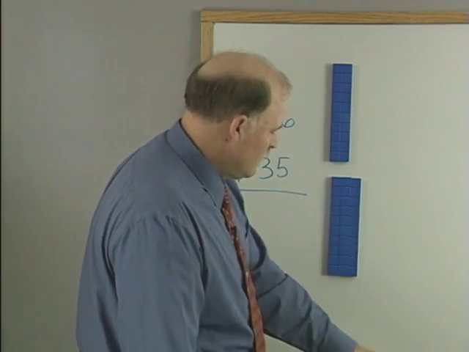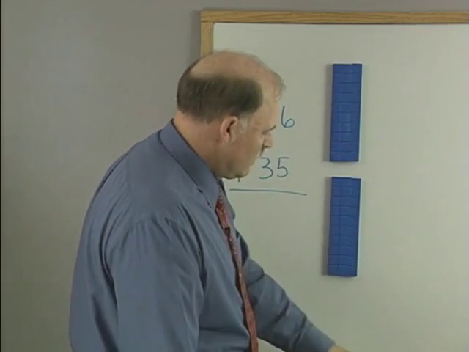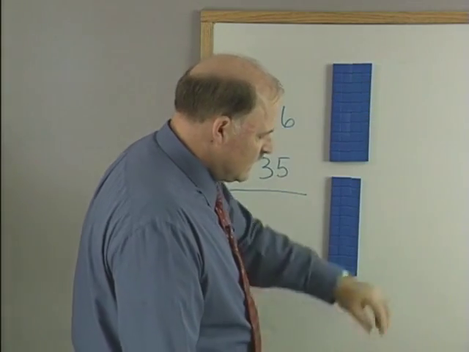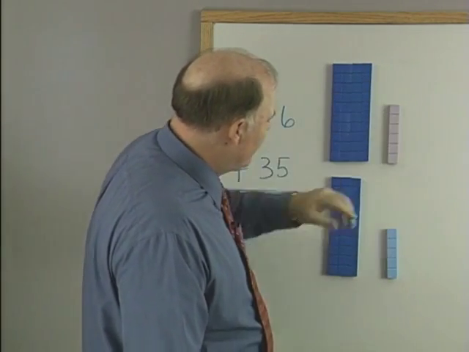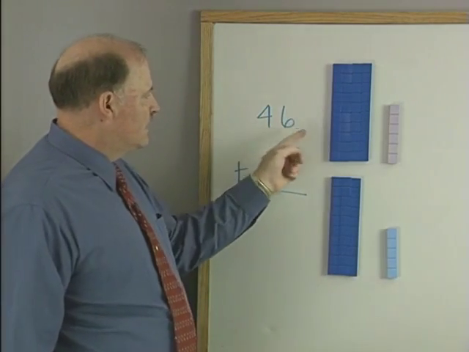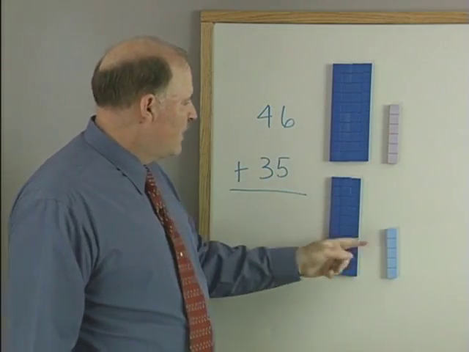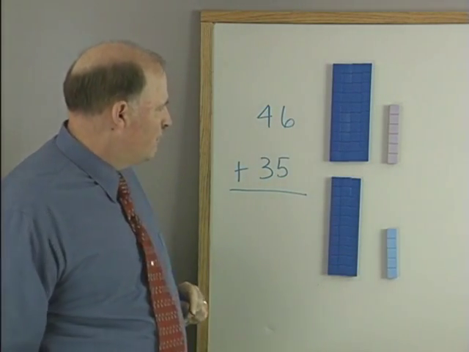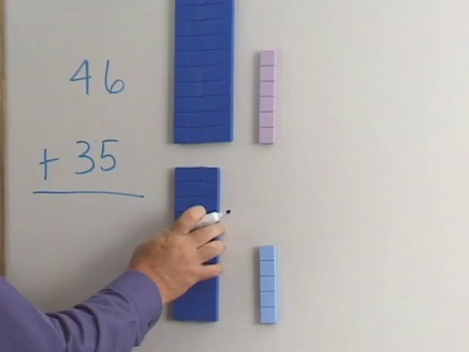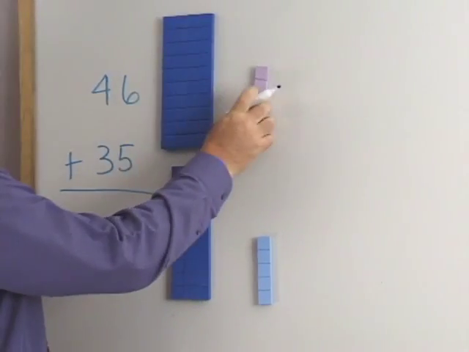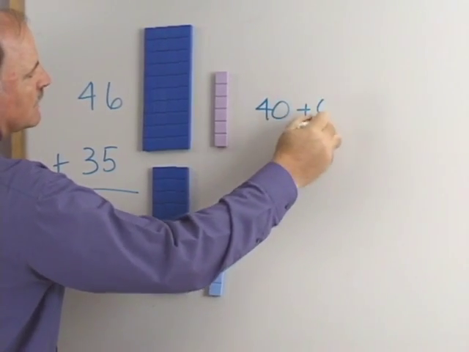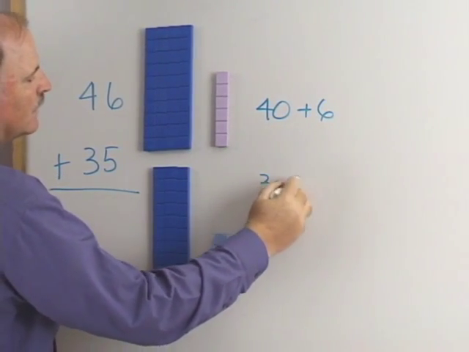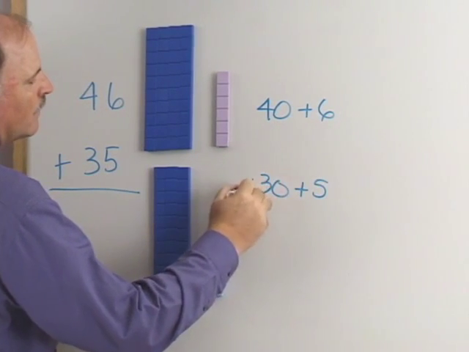I need to make some 10s though. Okay, 46 plus 35. Okay, I've got 4 10s, 6 units, 3 10s, 5 units. Okay, we're in good shape. In fact, let's go ahead and squeeze these over here, and we'll even put in our place value notation at the same time. 40 plus 6, 30 plus 5.